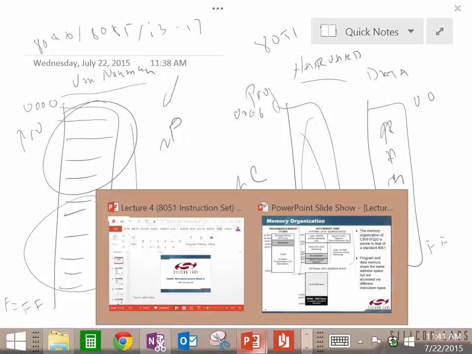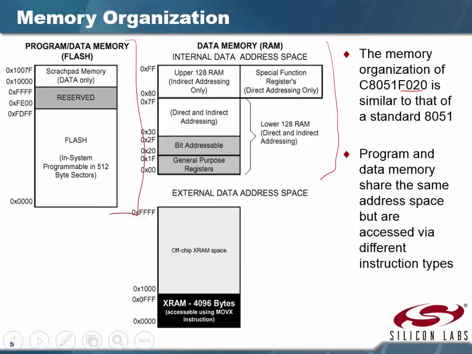So as we look back at our slides, we will see that this uses the Harvard architecture. There's two different memory spaces. This is our program memory. This over here is our data memory. Now, data memory is very complex. Let's first talk about our program memory. Our program memory is in flash, and it's programmable in 512K bytes, depending on the processor we have.